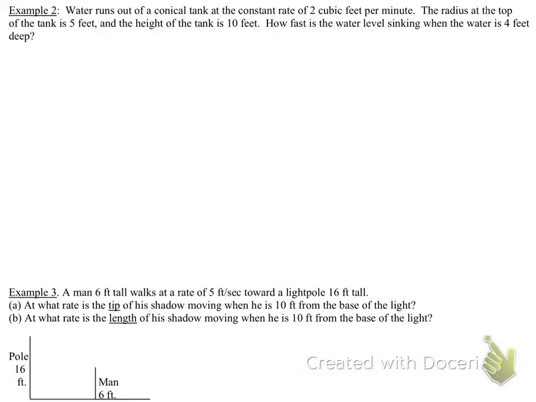The ones that I don't like and most people despise are the shadow problems, which is going to be our next example. Water runs out of a conical tank at the constant rate of 2 cubic feet per minute. The radius at the top of the tank is 5 feet and the height of the tank is 10 feet. So draw all of that first. Once you've drawn everything, you need to think about what's going on.